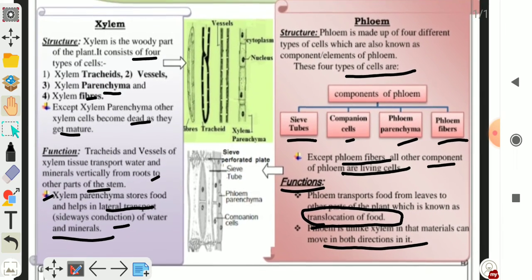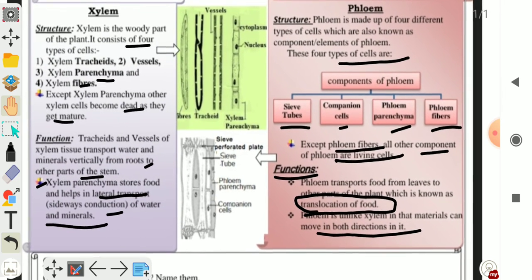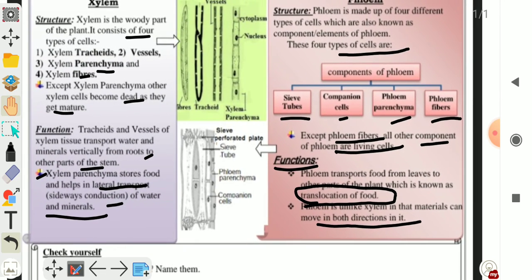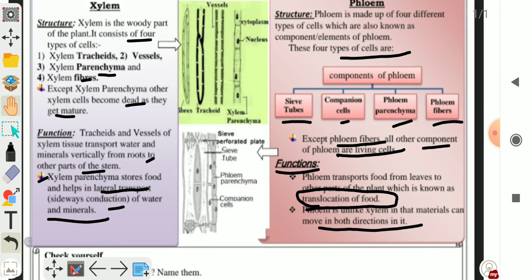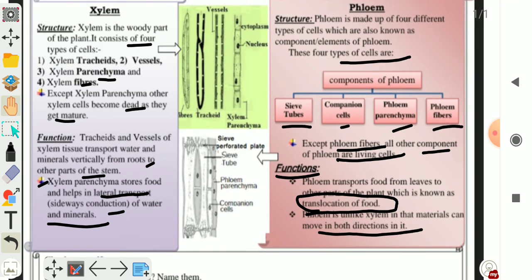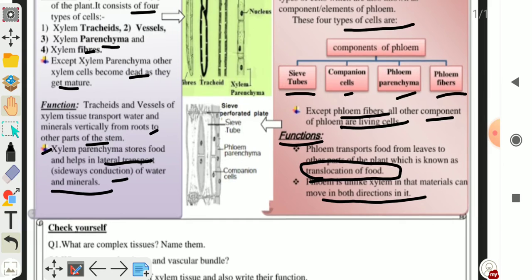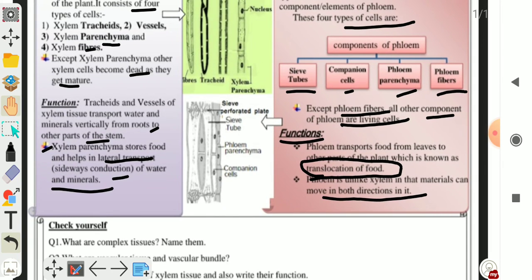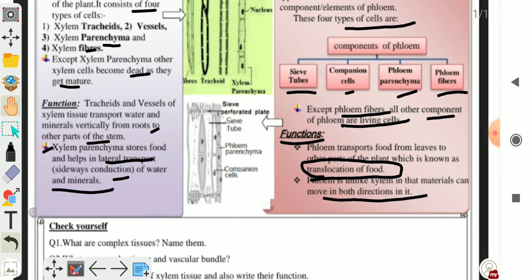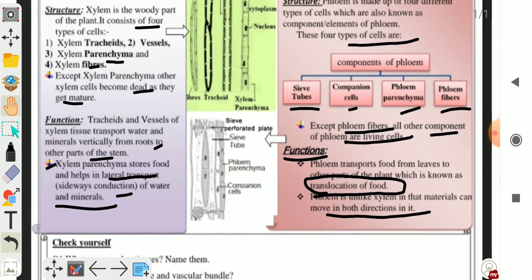Xylem consists of tracheids, vessels, xylem parenchyma and xylem fiber, while the phloem consists of sieve tubes, companion cells, phloem parenchyma and phloem fiber. Next, xylem transports water and minerals from root to other parts of the plant. The phloem transports food from leaves to the other parts of the plant.